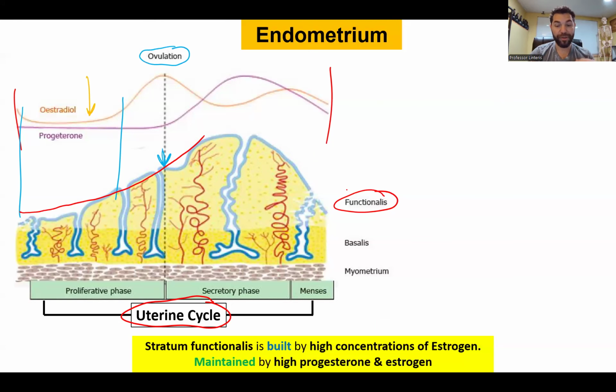This picture is showing you the endometrium. This whole thing here is the endometrium. So you can see that the stratum functionalis is thickening throughout this course, built by high concentrations of estrogen in the beginning. So we'll try to simplify this. Estrogen in the beginning promotes that growth.